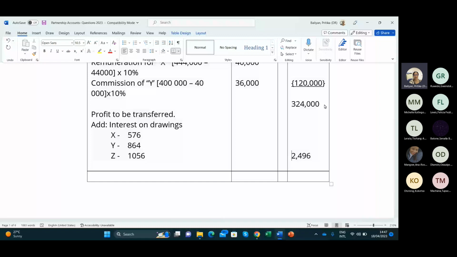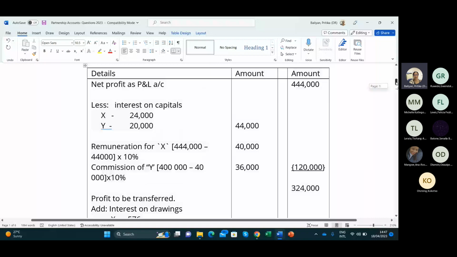So total remaining profit will be 326,496. So this profit is going to be shared among the three partners in the ratio of 2:1:1.